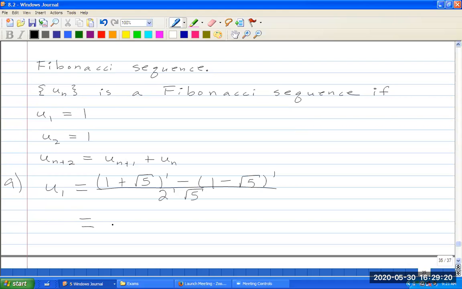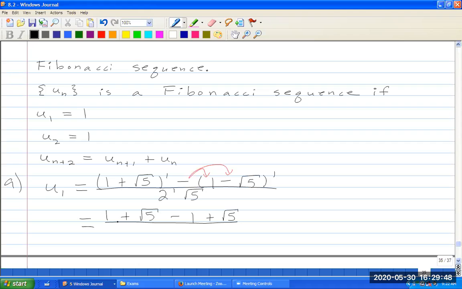So this is equal to 1 plus rad 5 minus 1, and I'm just multiplying the negative 1 inside the parentheses, plus rad 5, all over 2 rad 5.